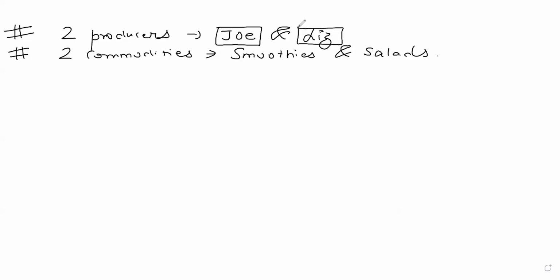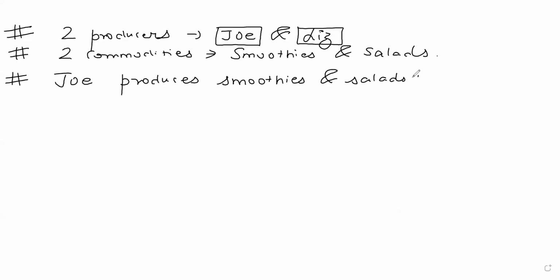So let me pick up Joey's economy first. I can write Joey produces smoothies and salads in a small low-tech bar. So we are given Joey's production possibilities.